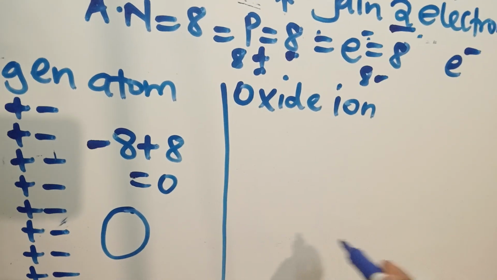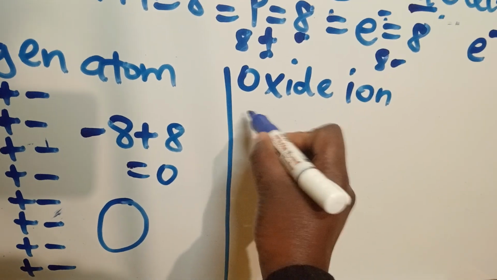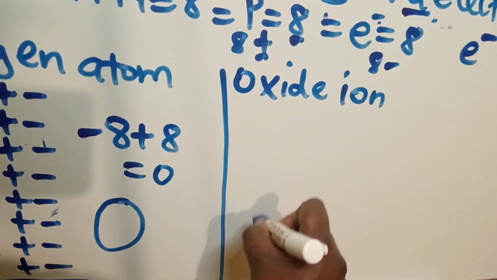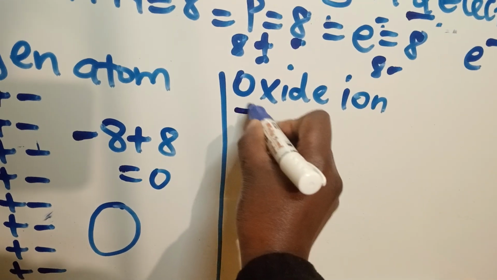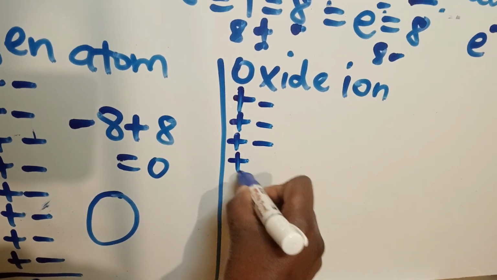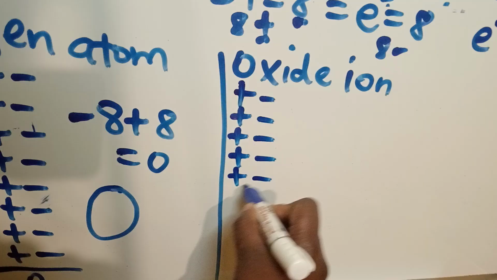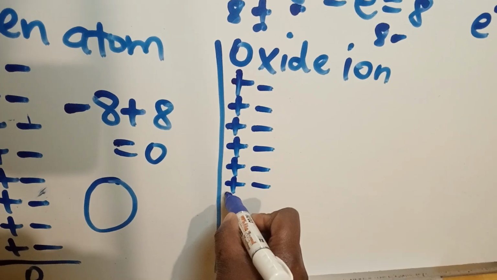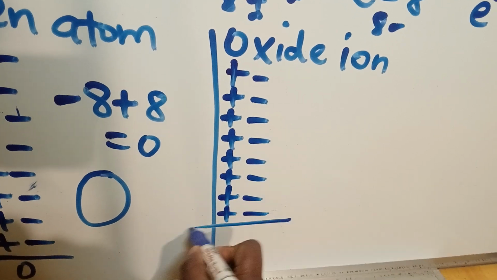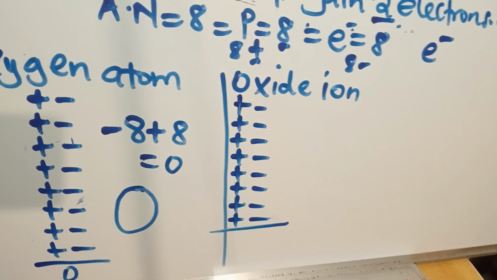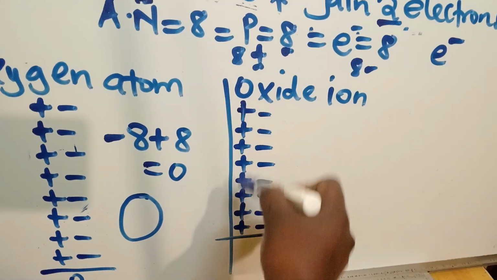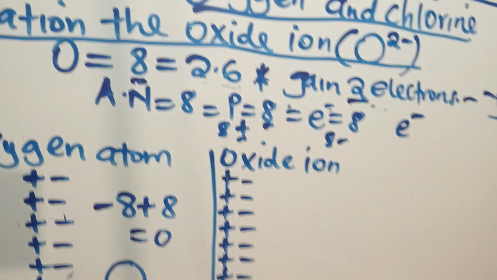Then we go to the side of the ion. On the side of the ion, we still write the 8, 8. 8 positives, 8 negatives. 1, 2, 3, 4, 5, 6, 7, 8. Up to that point, each side has an equal number, 8, 8.